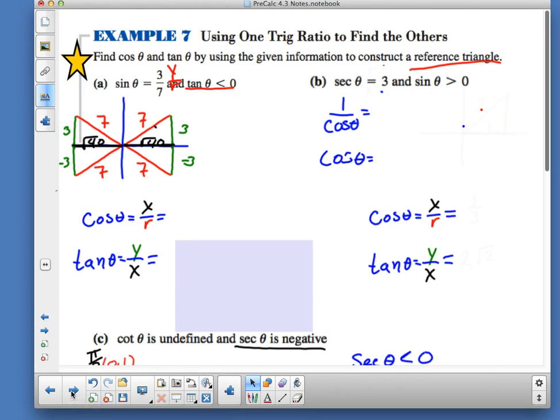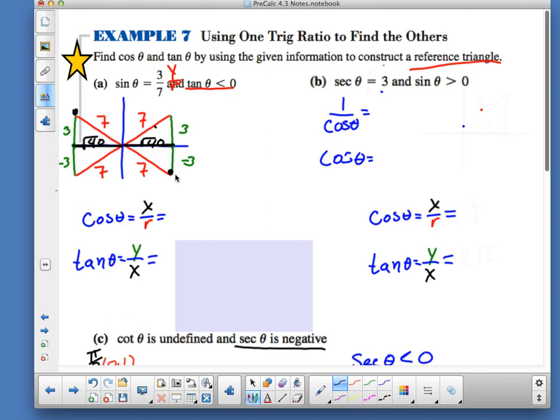Okay, so the tangent is less than 0 here in this quadrant, and the tangent's less than 0 in this quadrant, because the tangent's negative, correct? Are we doing okay so far? Now, I got one other thing. Are we okay with the tangent being negative in those two spots? It'll be positive in these two spots.